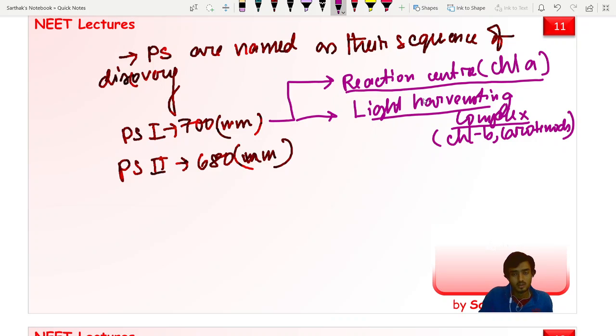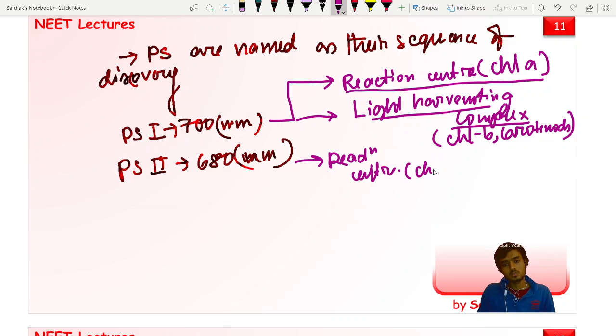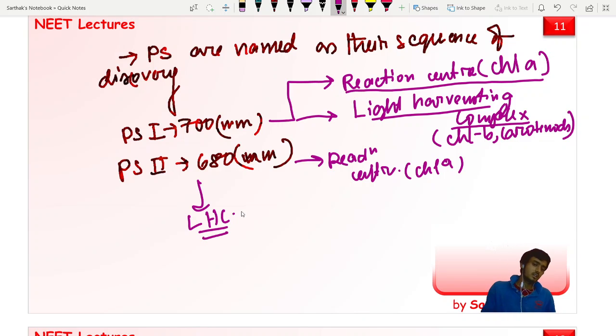Photosystem 2 also has a reaction center which is chlorophyll A, and a light harvesting complex or accessory pigments, which are chlorophyll B, carotenoids and other pigments.